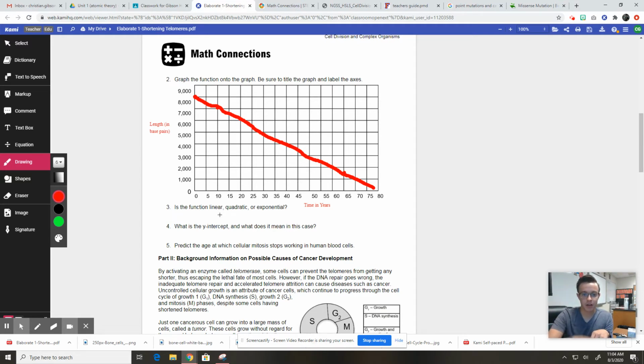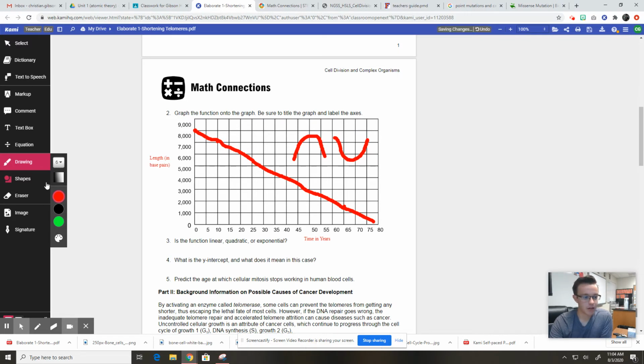So let me just draw it for you. A linear would be a straight line. Quadratic, the graph would be like this or like this. And I don't want those anymore, so I'm going to erase them. There we go. We use our eraser tool there.